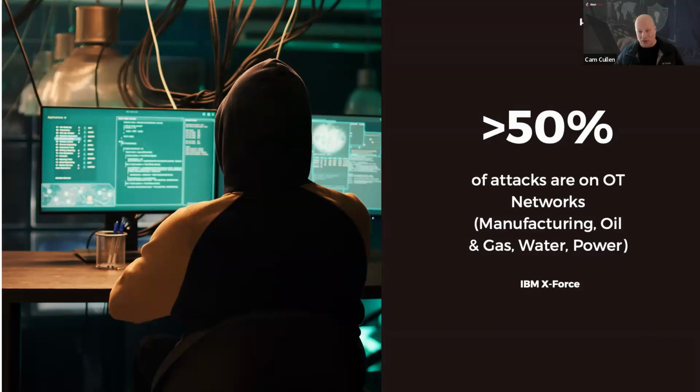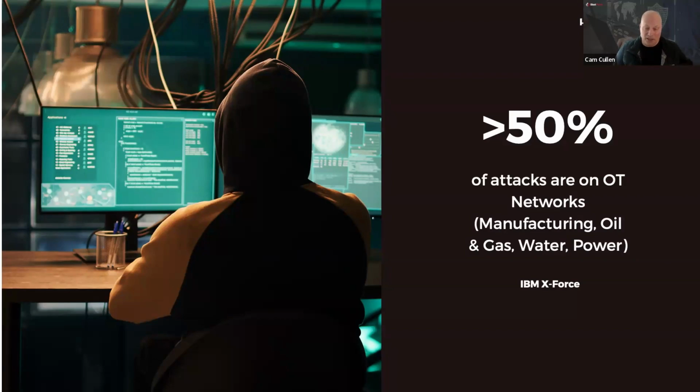When you add things like oil and gas, water, power, the OT space specifically is over 50%. The reason being that those are valuable networks. If you're a manufacturer, for example, every minute that your network is down means you're not generating product, so you're losing money. If you can't get product on shelves, you're losing shelf space and you may never recover from that.